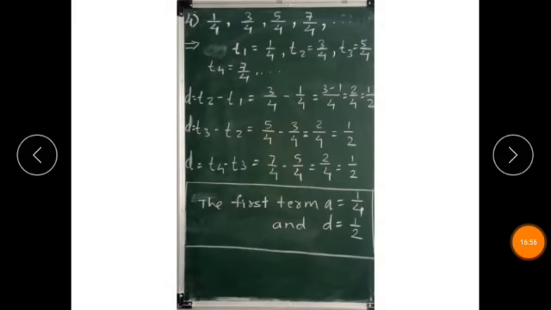Lastly, the fourth example. The terms of the AP are 1 upon 4, 3 upon 4, 5 upon 4, 7 upon 4 and so on. So here the first term A, that is equal to T1, is equal to 1 upon 4, T2 is 3 upon 4, T3 is 5 upon 4 and T4 is 7 upon 4. Let us find the difference between the first two consecutive terms, T2 minus T1, 3 upon 4 minus 1 upon 4.